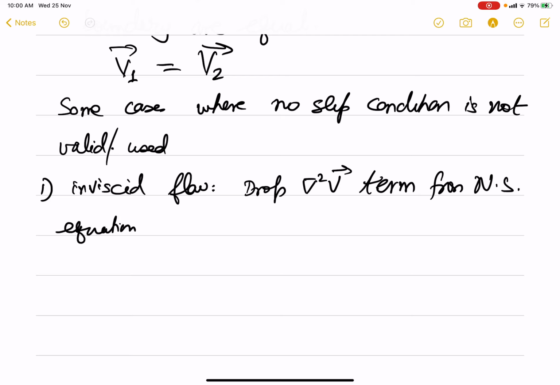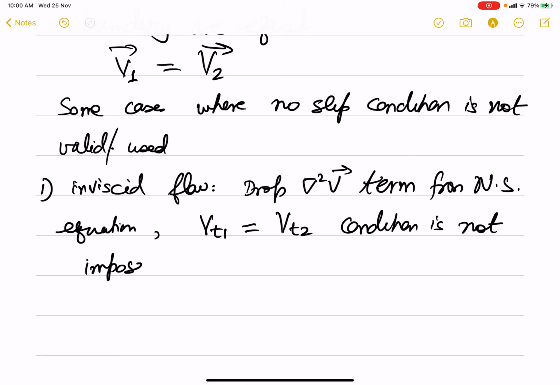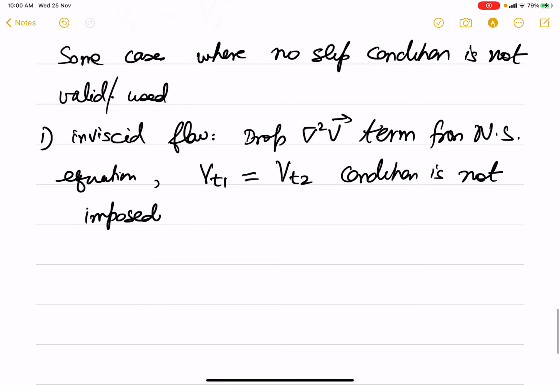So when you do this, then the Vt1 equal to Vt2 condition is not imposed, because now if viscosity is considered to be negligible, then there is no reason why the tangential components of velocity must be equal.